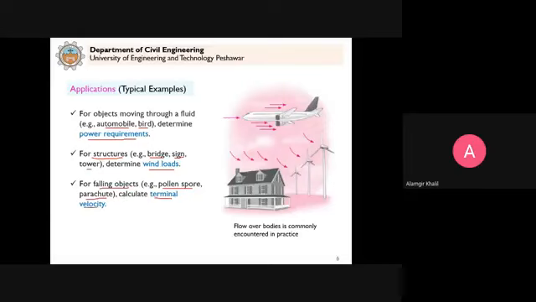So whenever we use a parachute, when the paratrooper jumps from an aeroplane, we would like to calculate what the terminal velocity is.